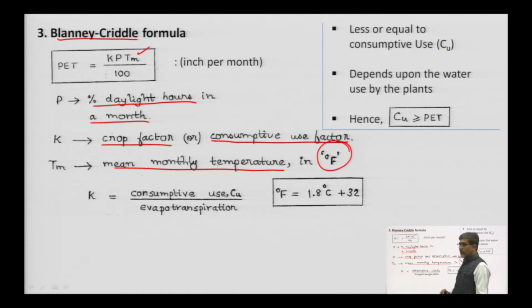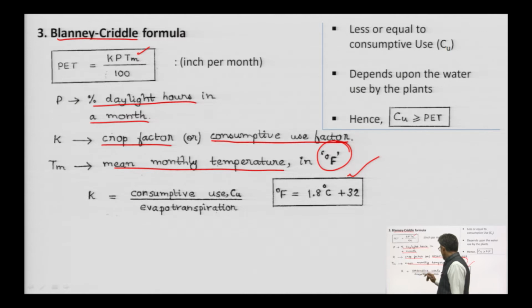To convert to Fahrenheit, the equation we know very well: F is equal to 1.8 degree centigrade plus 32. And the Kraft factor can be defined as consumptive use divided by evapotranspiration. Consumptive use means the requirement of water by the crop.